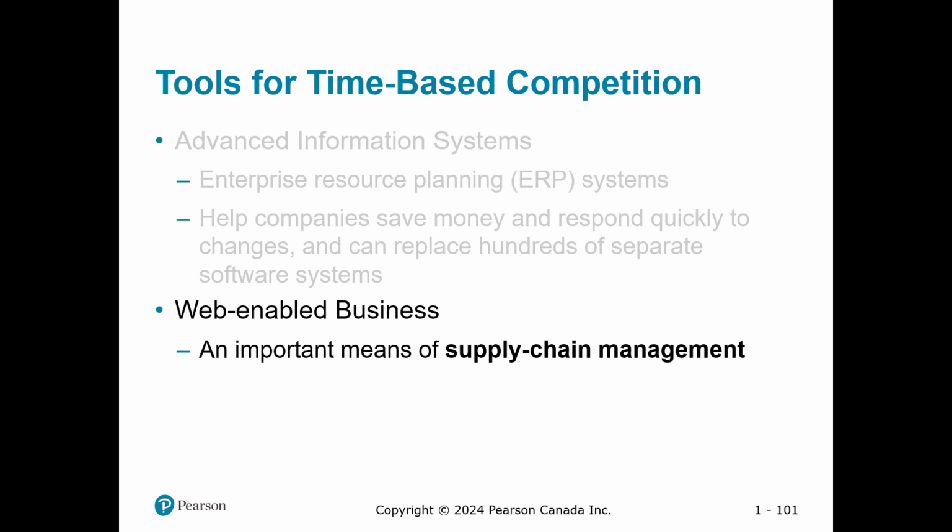We're talking sourcing, production, logistics, distribution, everything. And it allows the business to be efficient and less costly. So these two tools, advanced information systems and web-enabled businesses, allow us to compete quicker. All right, that's it for Objective 5.